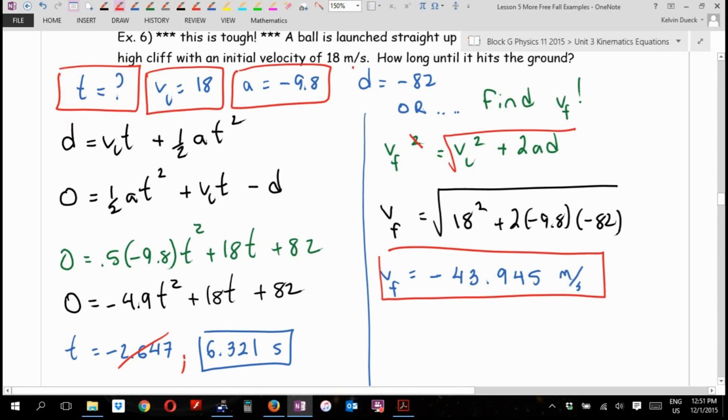I can find time without using D, the quadratic equation. Is there an equation that has V final, V initial, A, and T in it? Yes. In fact, it now becomes T equals VF minus VI over A. And if I'm lucky, Jaden, I hope I'll get 6.321 seconds. The same answer as using the solver or the quadratic formula.